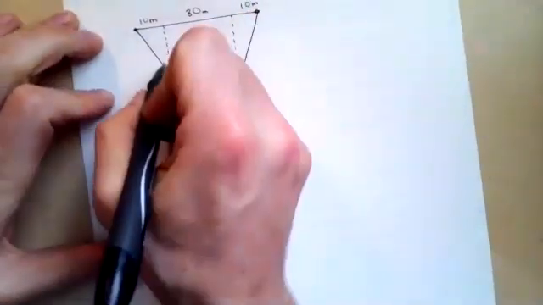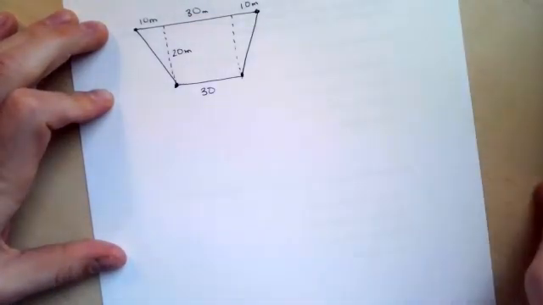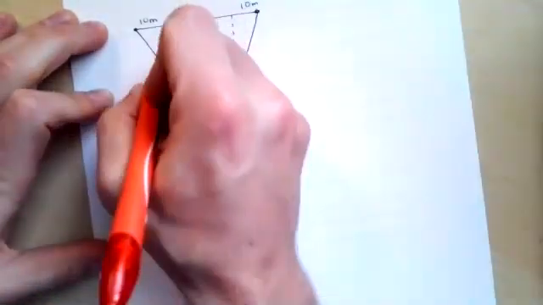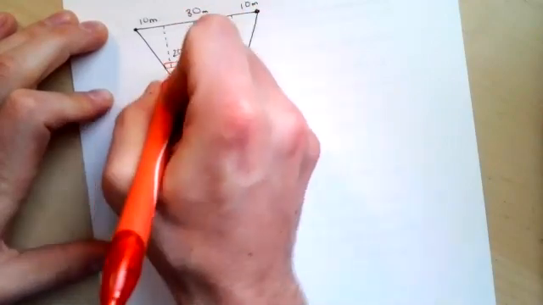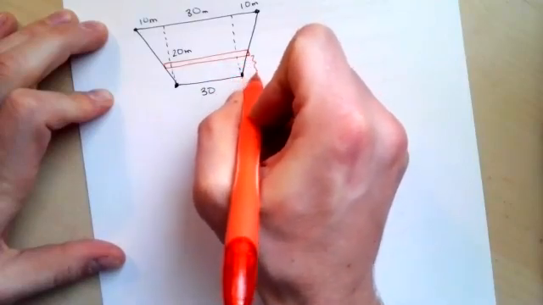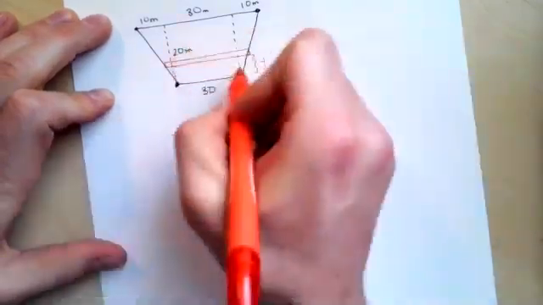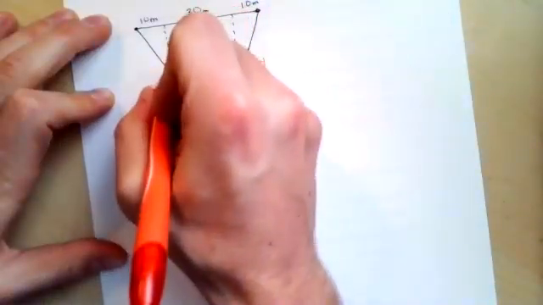And so now we can use all these similar triangles to break down an equation that relates the height that it is above our origin and the width.